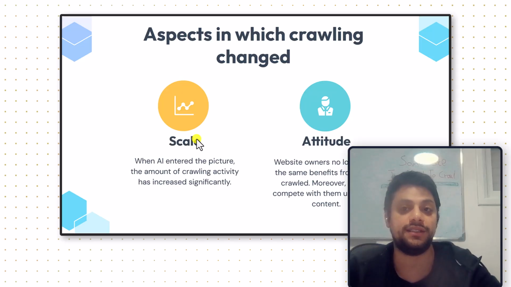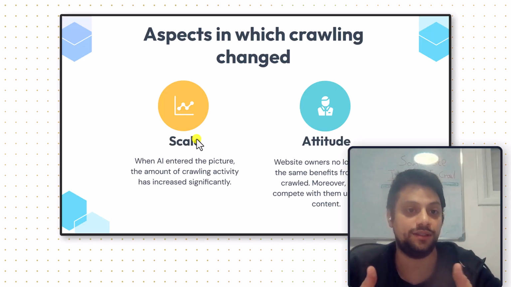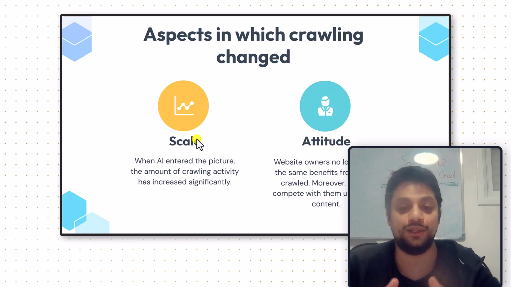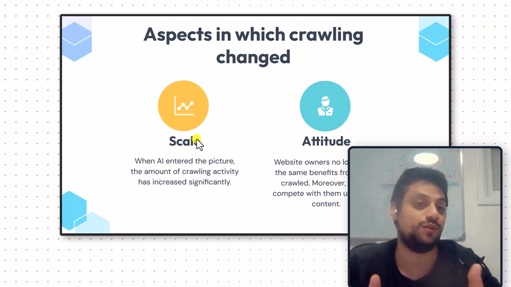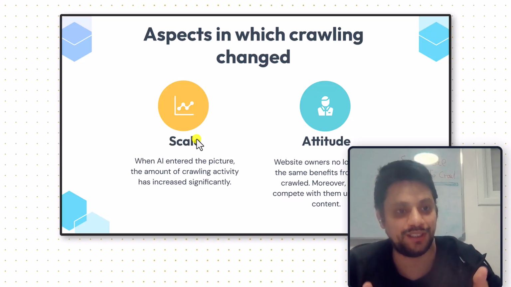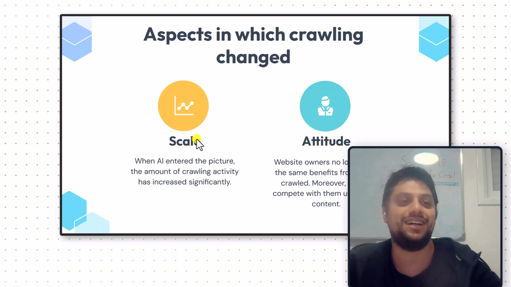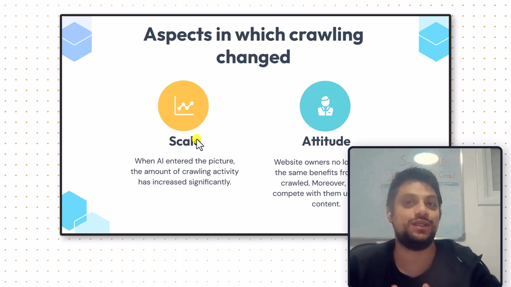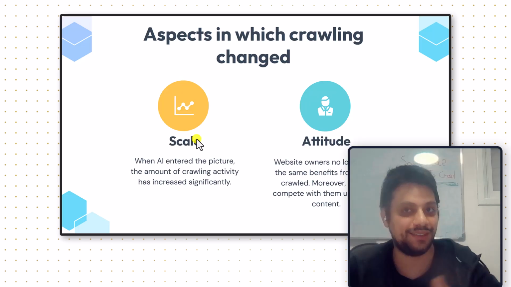In most cases, AI may even compete with them using this content. For example, it might produce answers so that otherwise the user would go and visit their website. Overall, from the web owner's perspective, the crawlers increase their server loads, steal their content, and may even potentially harm their business.